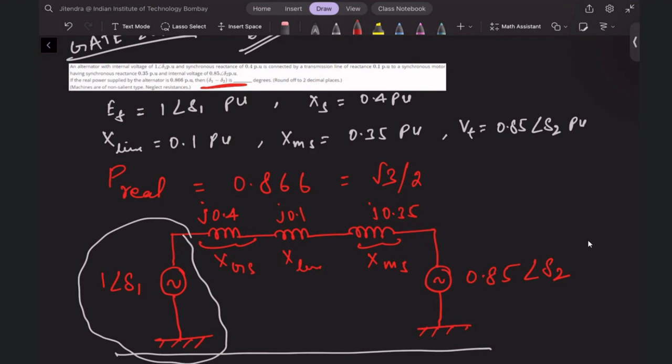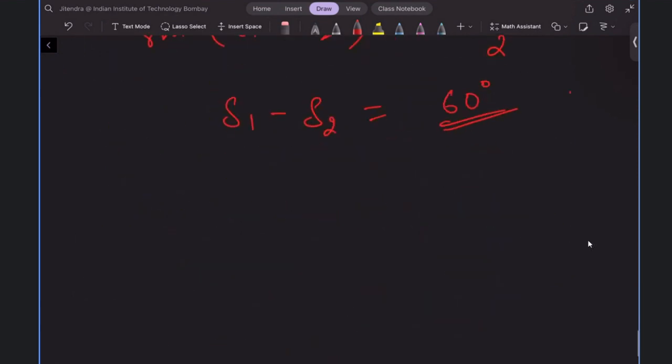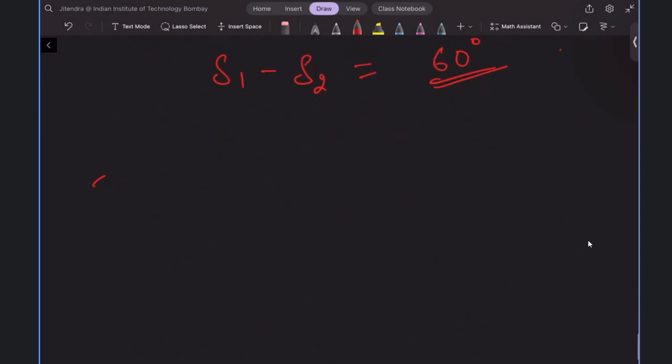Sir, could you please take a torque-based problem? Torque-based problem. Okay, anyway, if you divide power by speed, it will give you torque, but I will note it down. I will choose those particular problems in which torque will come.